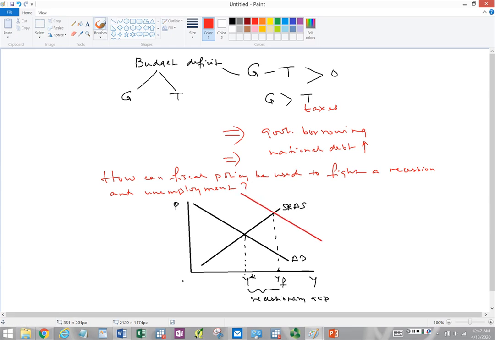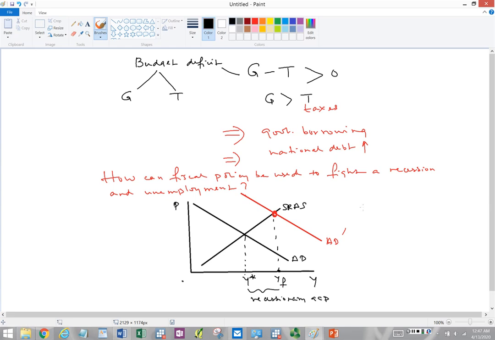So if the aggregate demand curve was shifted all the way to AD prime, we would have a new equilibrium right there, and equilibrium GDP would equal full employment GDP. There would no longer be a recessionary gap, right? So this is how one can use fiscal policy to fight a recession. This would involve doing what to government spending?